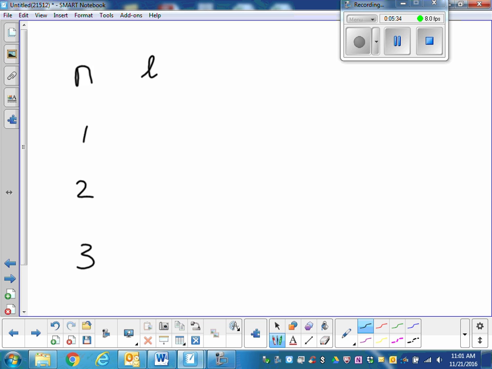And what are the values L can take? 0 to n minus 1. So, n is now 1. 1 minus 1 is what? 0. What is the only value L can take? 0. Are you with me?